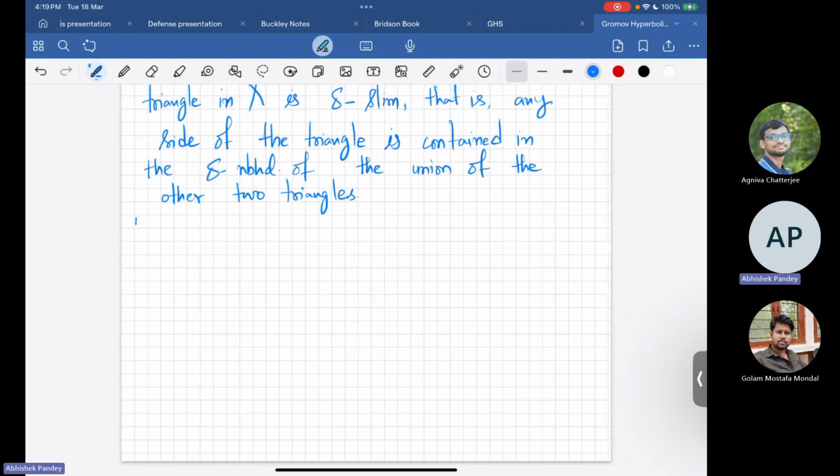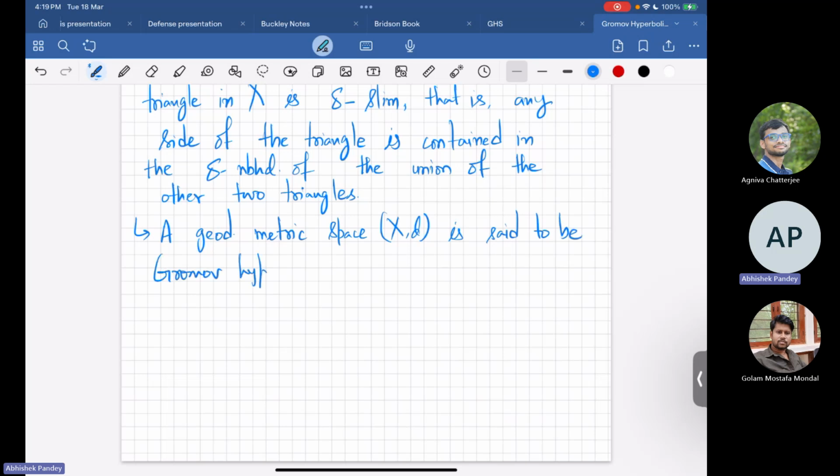A geodesic metric space (X, d) is said to be Gromov hyperbolic if it is delta-hyperbolic for some delta greater than or equal to 0.